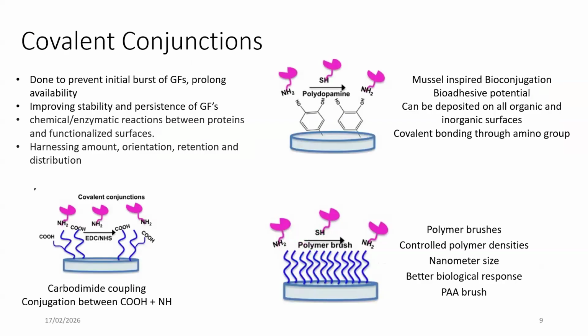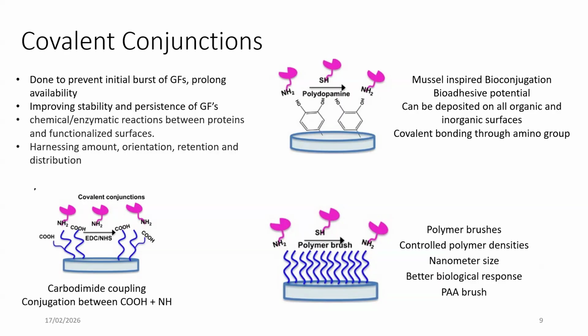Then the second thing that comes up is covalent conjugation. As the name suggests, covalent is relatively stronger than physical. It is done to prevent initial burst of growth factors and prolong availability. Growth factors somehow, when they end up in the body, cannot hold themselves.